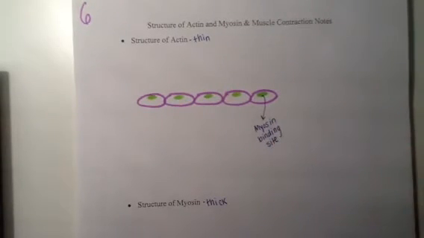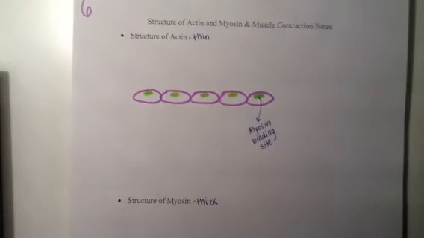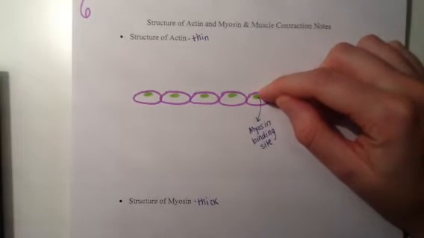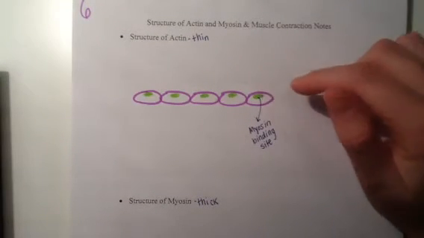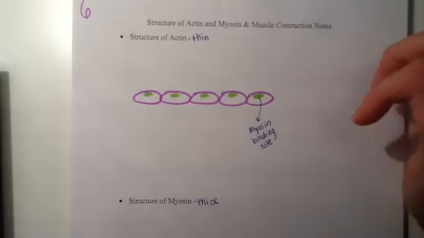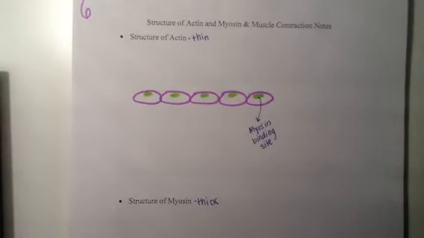Now, if it looks like this, then that myosin binding site is exposed, and myosin could come in and bind to the actin and cause a muscle contraction. But it's not always exposed. It has to be covered up, and it's going to be covered up by 2 things.